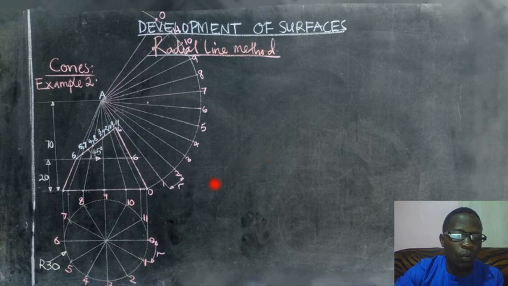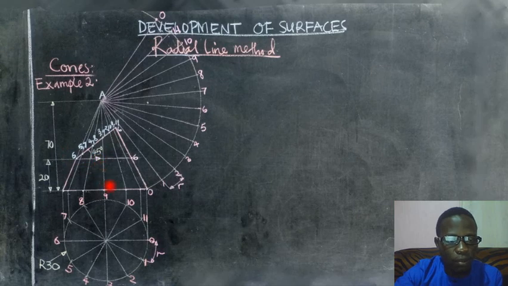We project these points on the cut surface horizontally, or parallel to the base, to the surface where you have taken your development from. So I project a horizontal line from 6 to get the point on the slanting surface, this side, like that. Now how do I put that point 6 on the development?